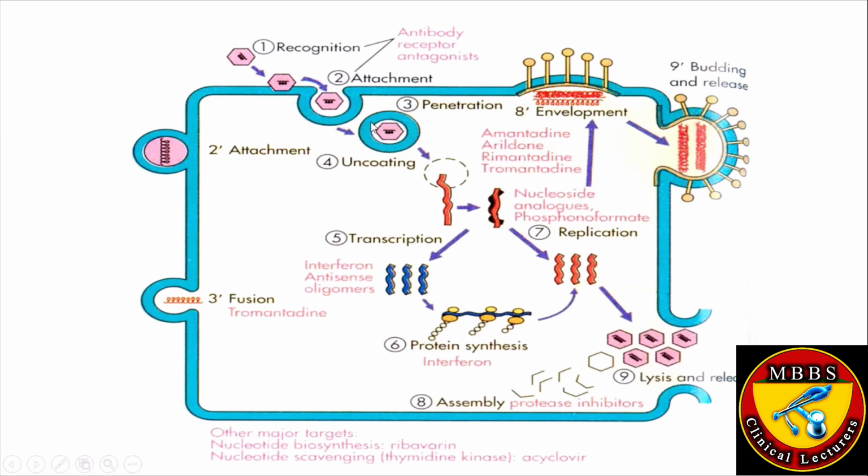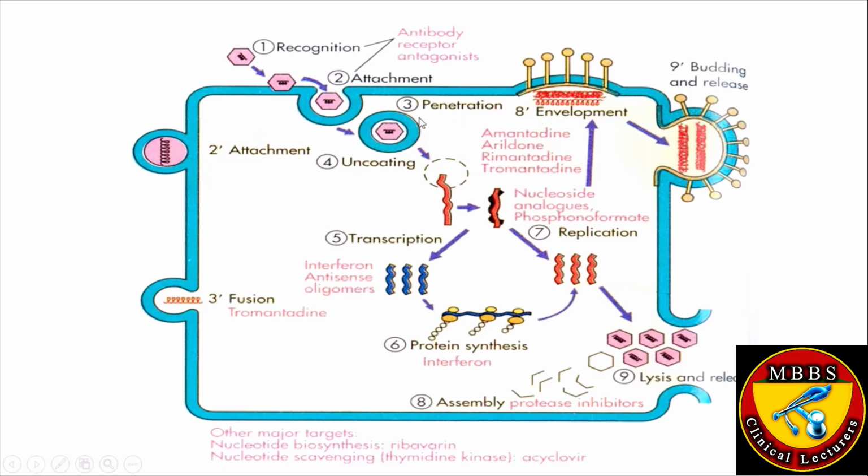Another way, if you see here, they also show the attachment, and after attachment, here it is by the process of endocytosis and here by the process of fusion. So by endocytosis or fusion, they penetrate, so penetration occurs within the cell. One method is like this and the other method is like this. This is by endocytosis, this is by the process of fusion.